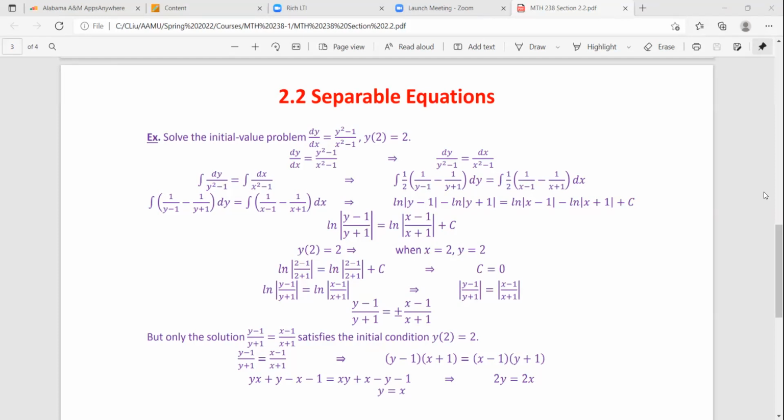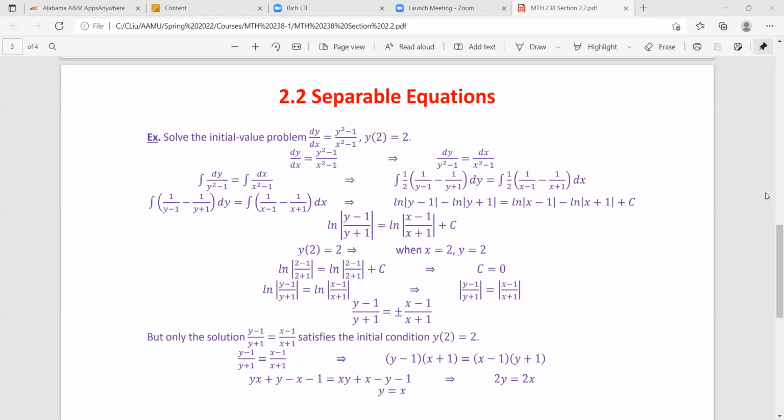You can divide by y squared minus 1 on both sides and multiply dx on both sides to get dy over y squared minus 1 equals dx over x squared minus 1. Good? Yeah, that should be straightforward. And then you just integrate on both sides.